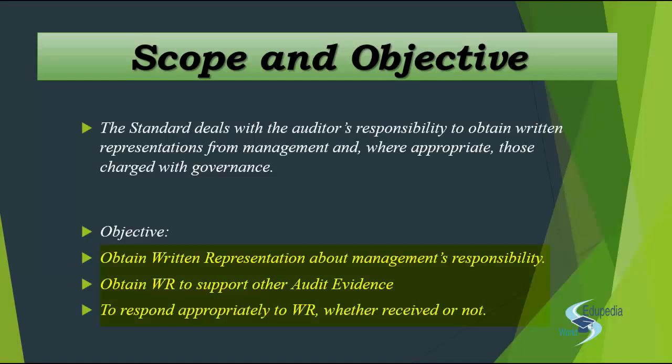Or if there is any specific assertion you want to confirm, and whatever checking you could do at your level you have done, but something may complement an assertion, you can take the management representation letter. Right? And there are other situations where you demand a representation letter, and if you received it, what are you supposed to do with it? And if you do not receive it, how are you supposed to react? Right? So this is all that we will understand in this standard.